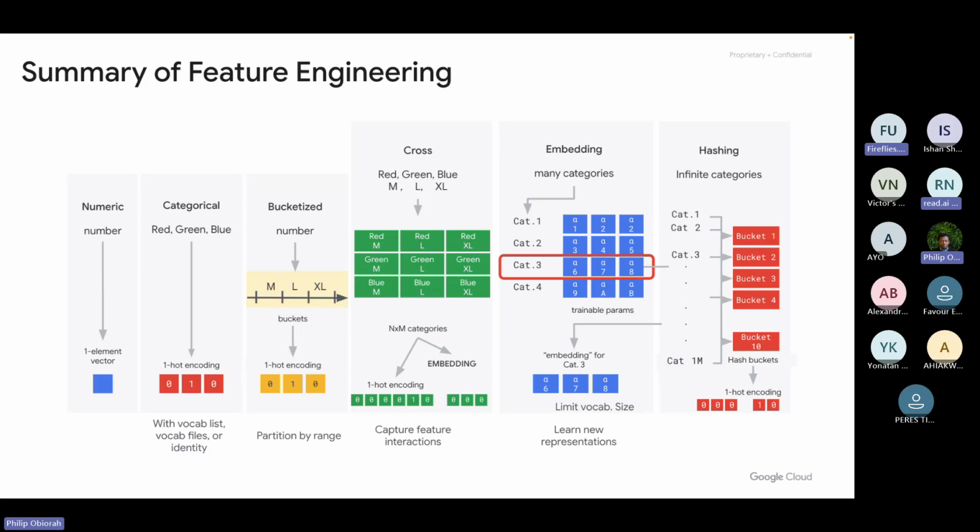Then here we can see a good example of crossing. There's a crossing between two features here. You can see there's a feature here, and this is another feature, buckets. So we'll be able to cross red and medium, red and large, red and extra large, green medium, green large, blue extra large.